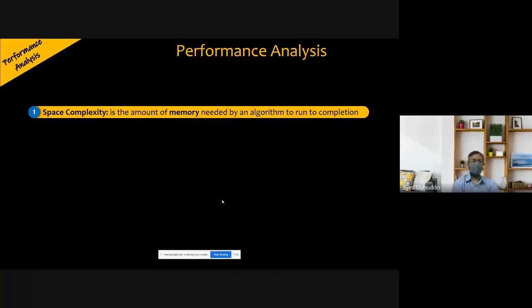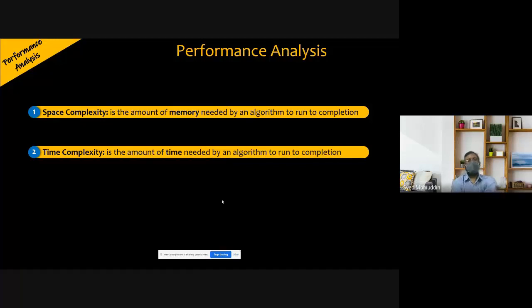Space complexity is the amount of memory needed for an algorithm to run to its completion. In the same way, time complexity is the amount of time needed by an algorithm to run to its completion.